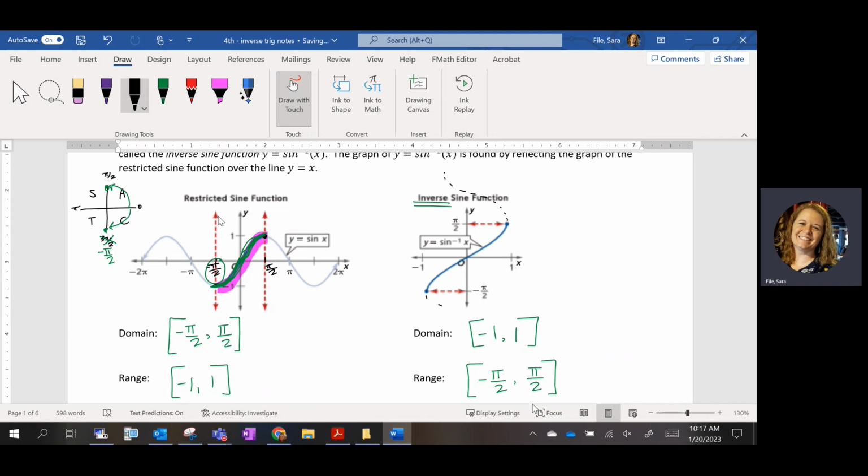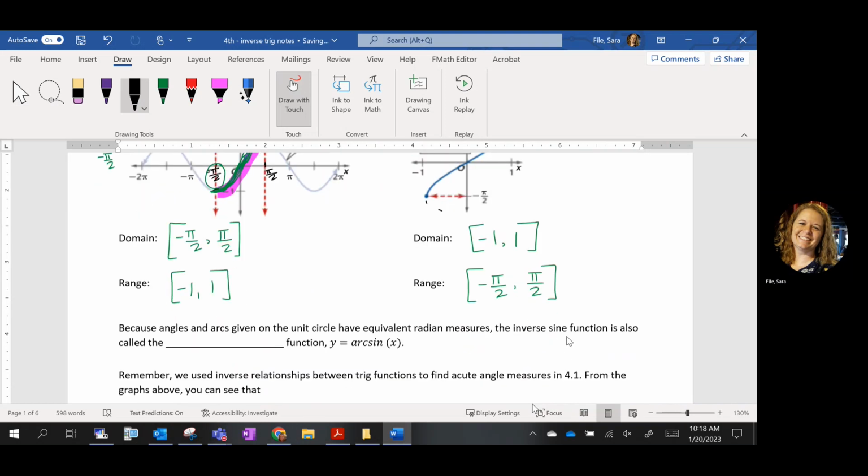If you remember, if we are solving sine of x, the input is the angle measure. But when we're solving inverse sine of x, our output is going to be the angle measure. That's why range becomes the angle measures.